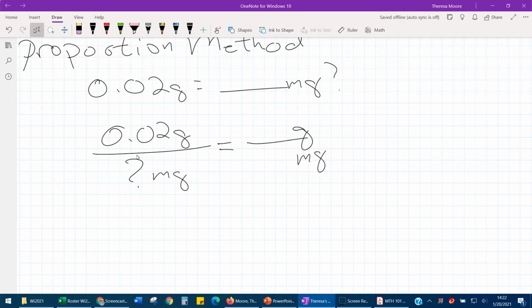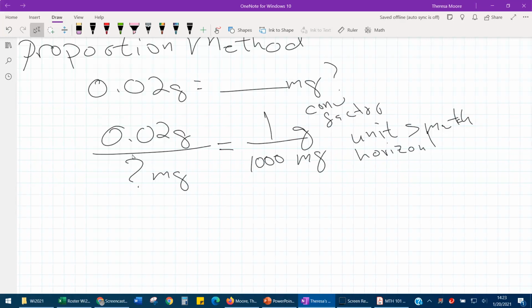So remember, with a proportion, the units match on top and bottom. But with dimensional analysis, they don't. So 1 gram is 1,000 milligrams. That's your other ratio, your conversion factor. Just remember, the units match horizontally in a proportion.